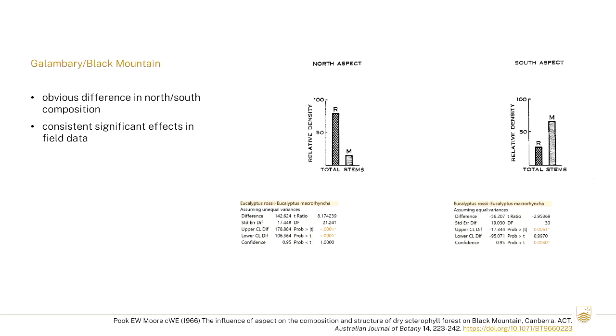Here I compare between species on the same aspect. And I compare this stocking between rossii and macrorhyncha on the north aspect, and yes, assuming unequal variances, you can see there's a positive T calculated, so rossii must be greater than Eucalyptus macrorhyncha, and you can see that's highly significant if we're thinking about a difference.